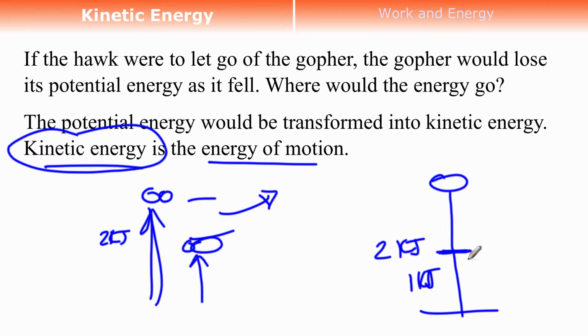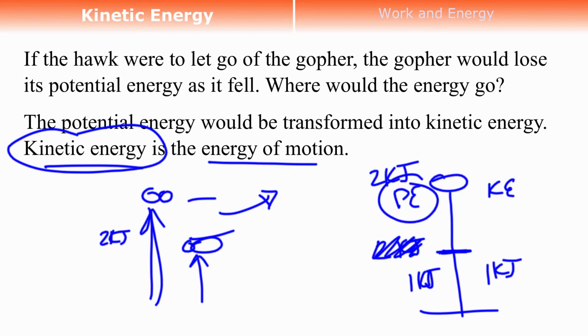So in terms of kinetic energy, if this is my potential energy side, let me erase this one. At the top, it has 2 kilojoules of energy. So at halfway, it would only have 1 kilojoule of potential energy. But of kinetic energy, it would have 1 kilojoule of energy. Because the sum of the potential and the kinetic energy always has to be the same number.